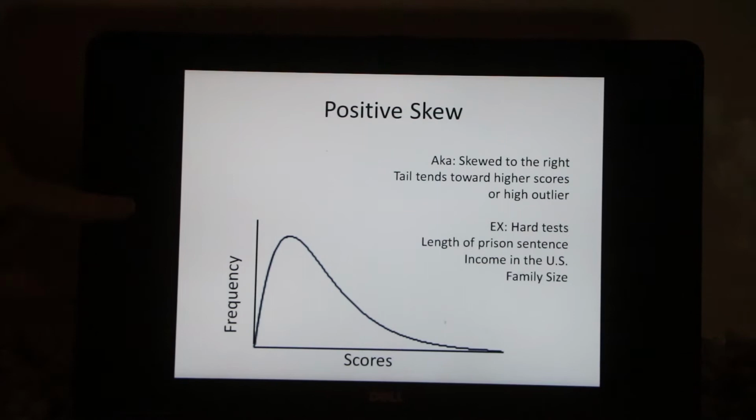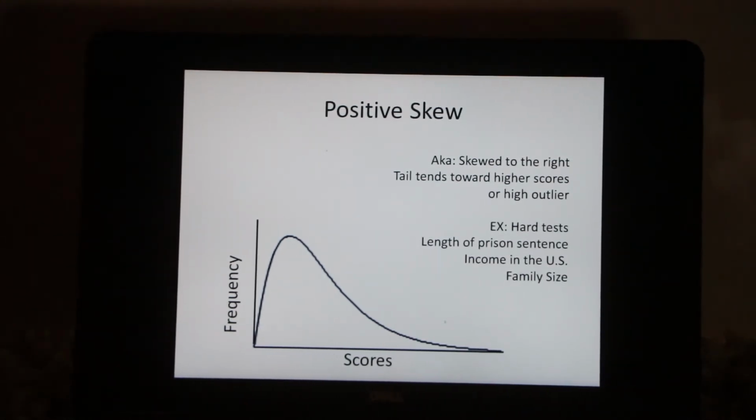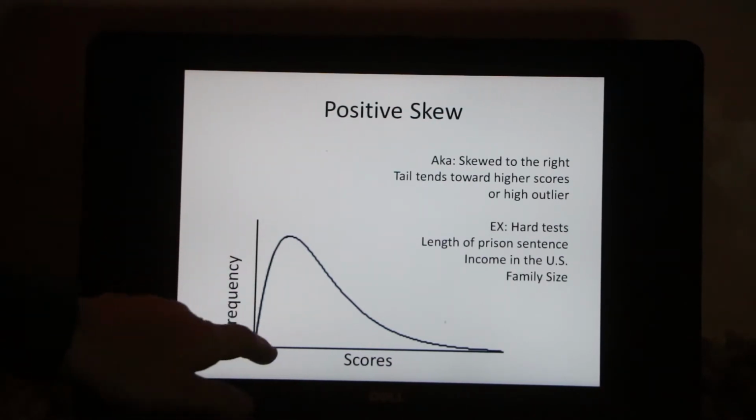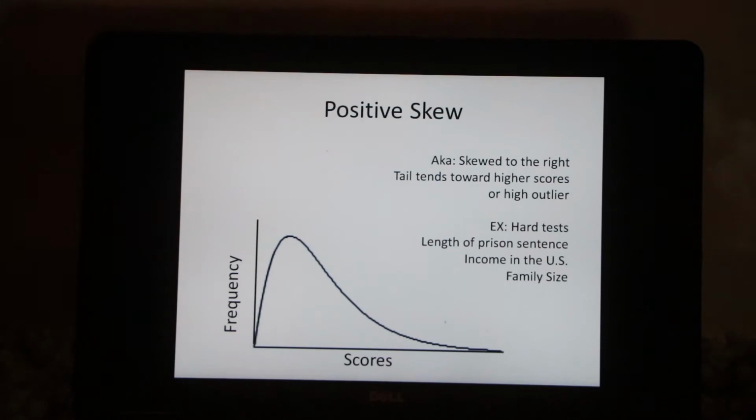One other example I'll give you: income in the United States is notoriously a skewed situation because you have a few people who are, say, billionaires or trillionaires, whereas everybody else, in terms of their income, is on the lower end. The average U.S. family household income is probably around 50,000.